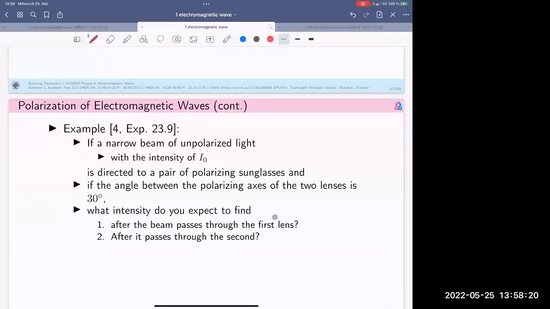What intensity do you expect to find after the beam passes through the first lens and after it passes through the second lens?